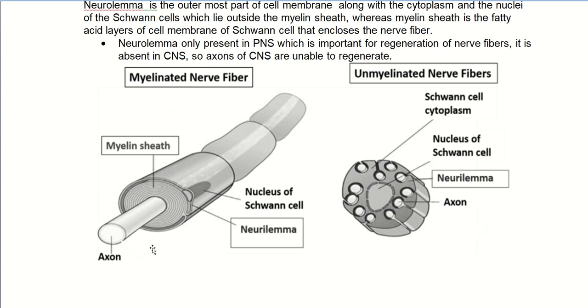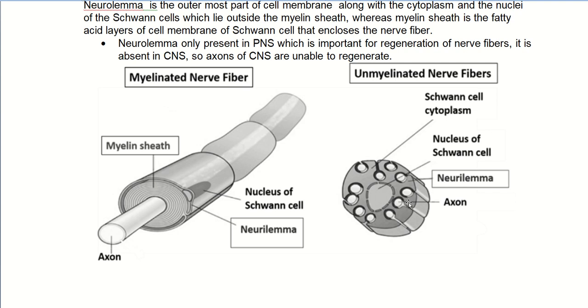So after any injury, the inner part of the myelin sheath is lost, but the outer part, or neurolemmal sheath, remains intact. That's why in the peripheral nervous system regeneration is possible.